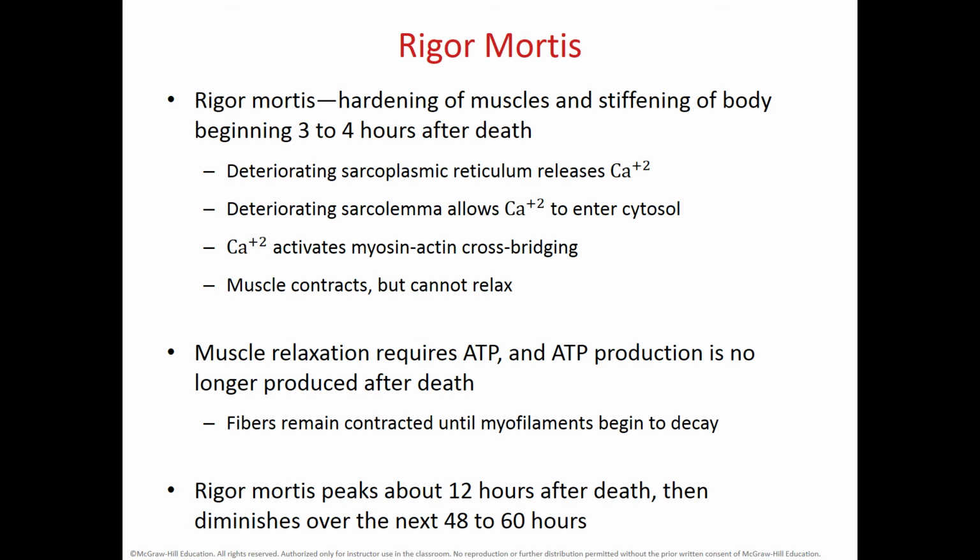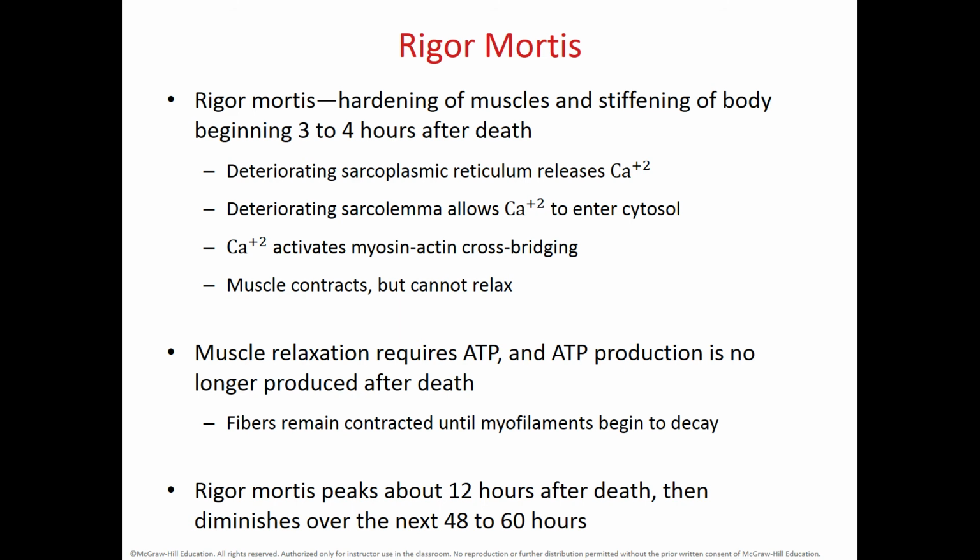But at some point, the lack of ATP is what causes rigor mortis. And this is temporary because, as I said, the decay of the muscle cells will prevent the permanent formation of these actin and myosin cross bridges.